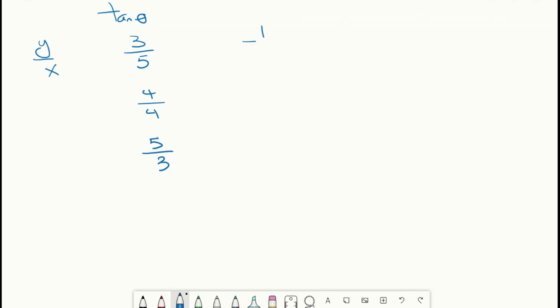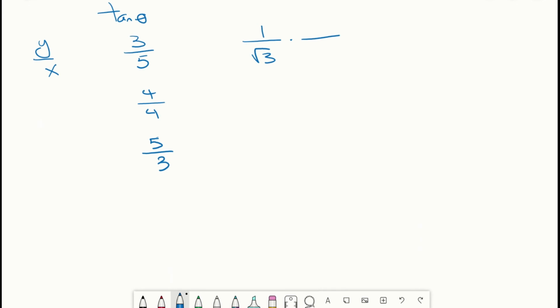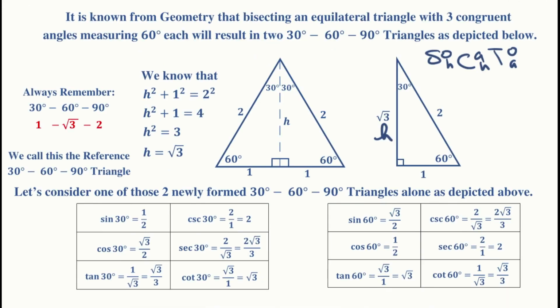If you take 1 over square root of 3 and rationalize it, you multiply top and bottom by square root of 3, and you end up with square root of 3 over 3. So you should be as familiar with this form as you are with that form, and you should recognize both of those as the tangent of 30.